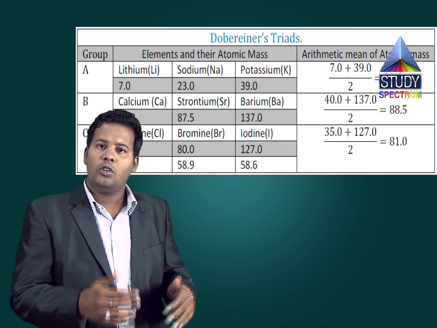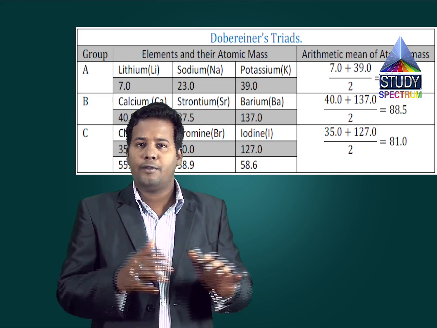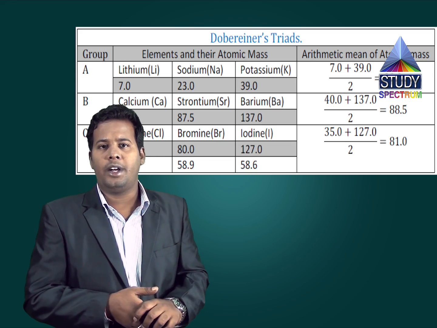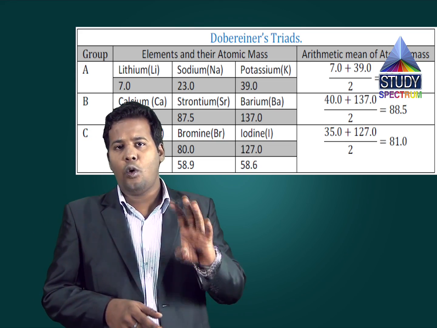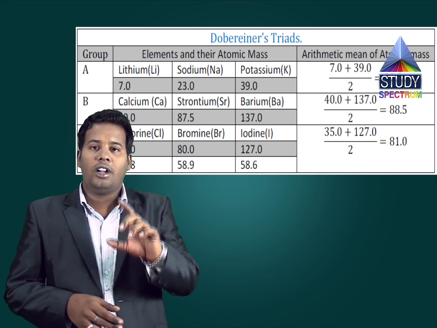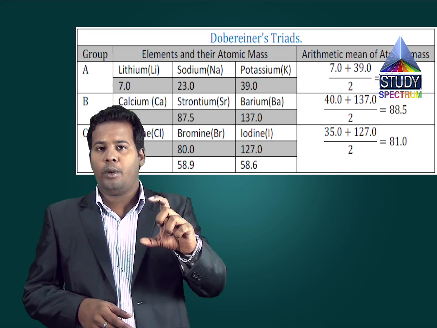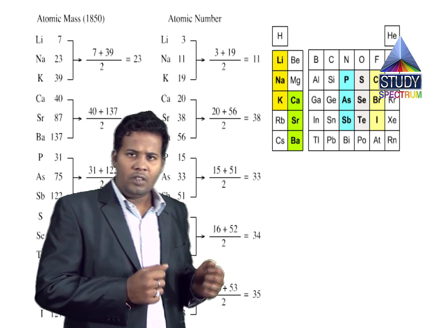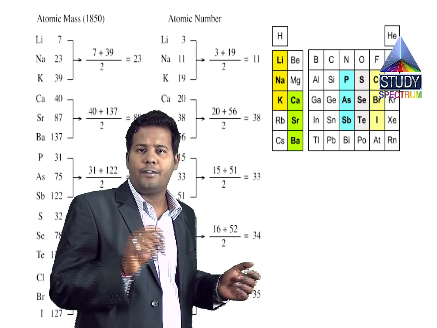During his work to classify elements, he found that there were a few elements which showed similar properties and formed 4 different triads. Now a triad is basically a group of 3 elements.